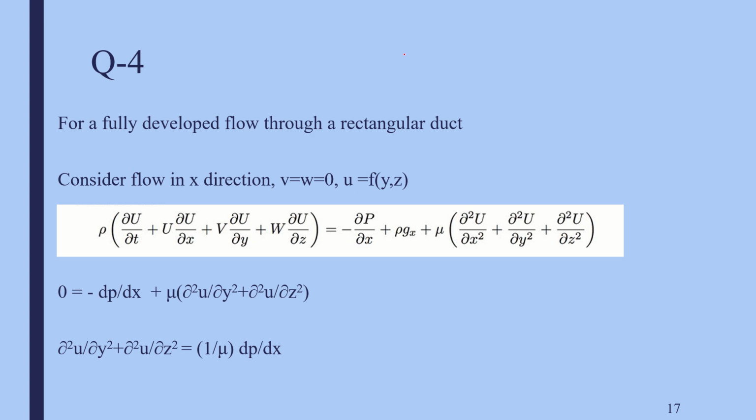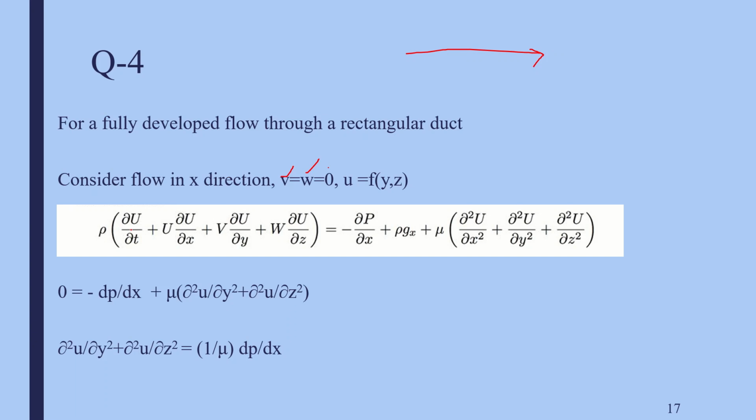We are considering flow occurring in the x direction, so the v and w velocities are 0, and u, the x direction velocity, would be a function of y and z.